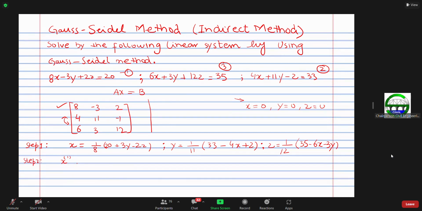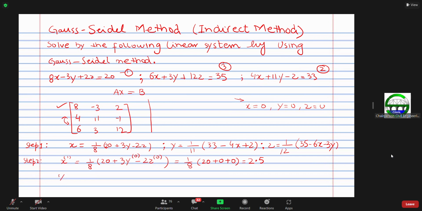In my first iteration, x1 is equals to 1/8 of 20 plus 3 times iteration 0. Iteration 0 means the value is 0. And plus minus 2z in iteration 0. So 1/8 of 20 plus 0 plus 0 is equals to 2.5.